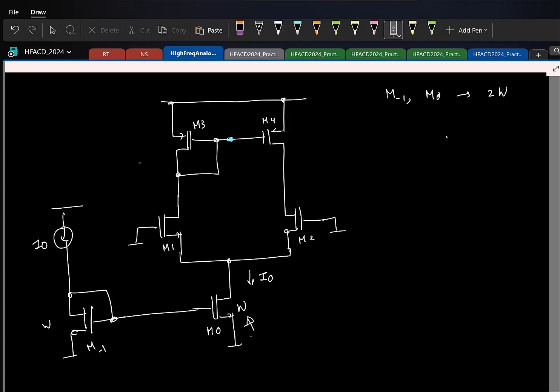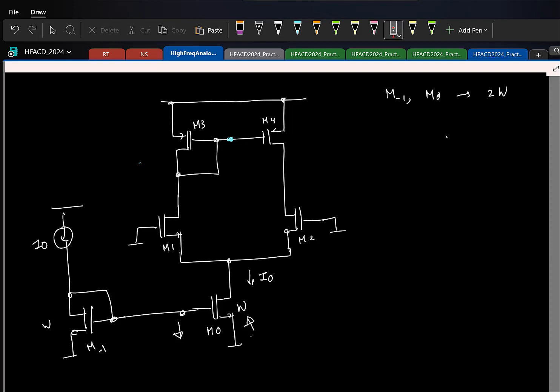For the same current, if the width is higher, the gate to source voltage will reduce. What should happen to the second term? That should decrease. So overdrive reduces, and this guy goes down.